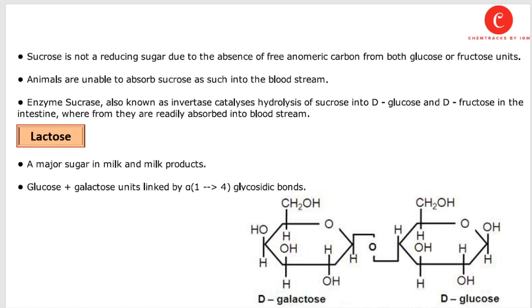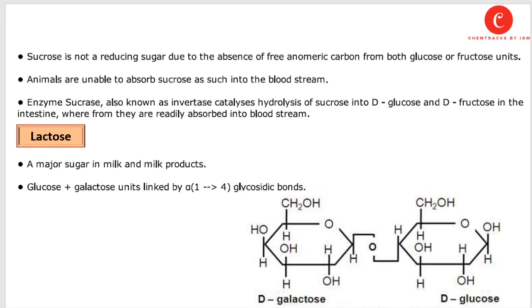Basically, sucrose is a disaccharide, and a disaccharide cannot be absorbed directly into the bloodstream. So before absorption, it has to break down into simpler units, alpha-D-glucose and D-fructose, so they can be readily absorbed by the bloodstream.